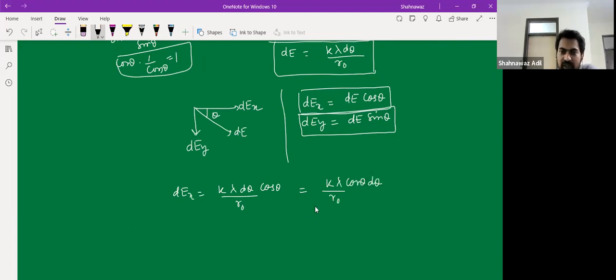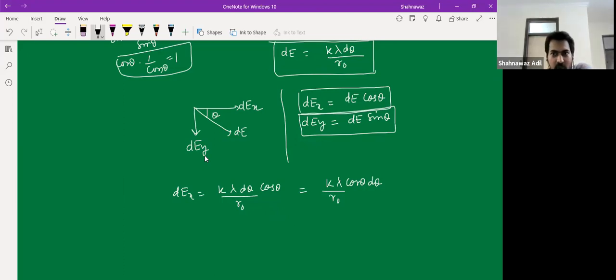Is the dEy component going to be 0, right? Let me go ahead for some moment, and then you will see whether it is 0 or not.